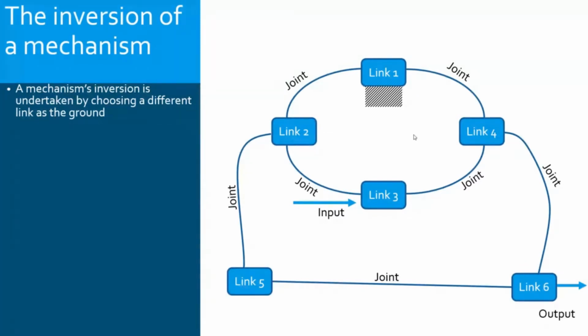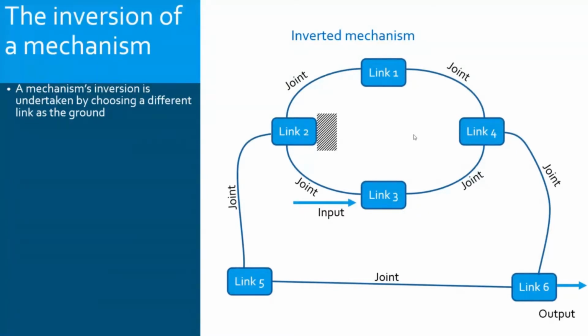Now, in this example, link 1 is the ground. Link 1 is considered as the reference of the motion. Now, inverting the mechanism is to choose another link as the ground, to change the ground, to consider a different link as a reference or a frame for the kinematic study.